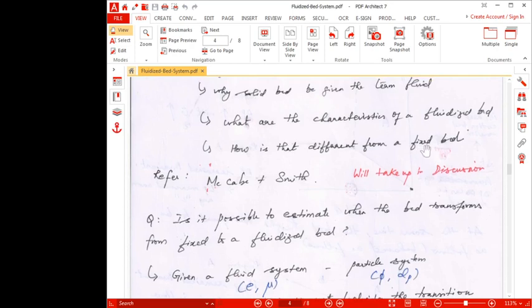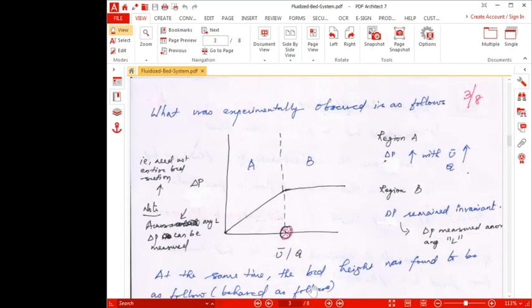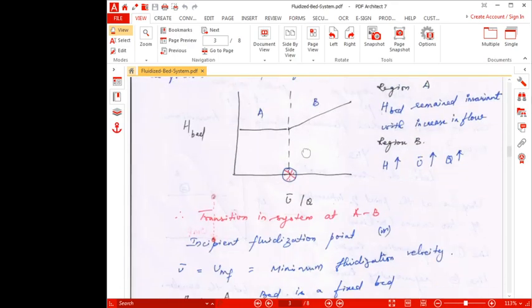And the follow-up is, once we know that there is a transition happening, the obvious question of an engineer is, can I predict this transition point? For a given particle fluid system, without doing an experiment and getting this curve, is it possible to estimate this minimum fluidization velocity?